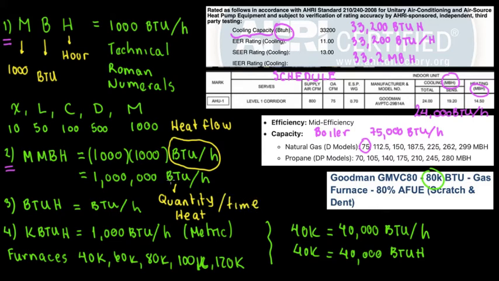That's why it's always BTUs per hour. To make it easier, depending on the manufacturer or the standard, they just put BTU hour, but they assume you understand that this is heat flow, BTUs divided by hour. And MBH is just 1000 expressed in Roman numerals.